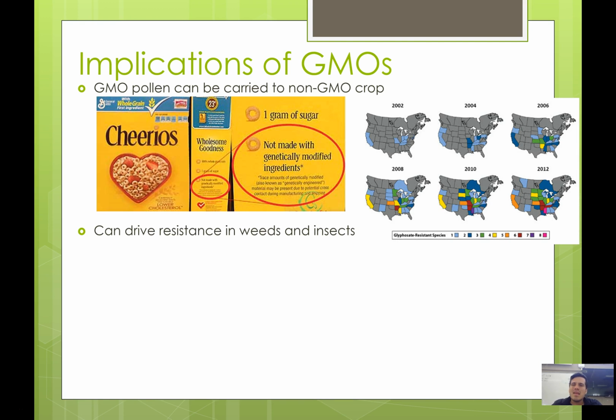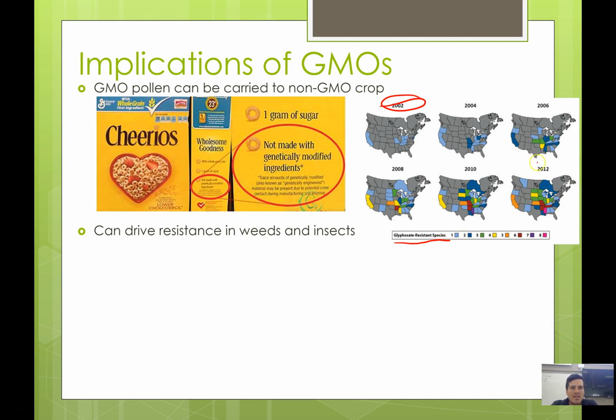Another thing is that we can actually drive resistance in specific weeds, specific insects, specific pathogens such as bacteria. And that can be seen in this map here, where in 2002, we had very, very few states in the US that actually had glyphosate-resistant species of weeds. So we only had a couple that had one species.